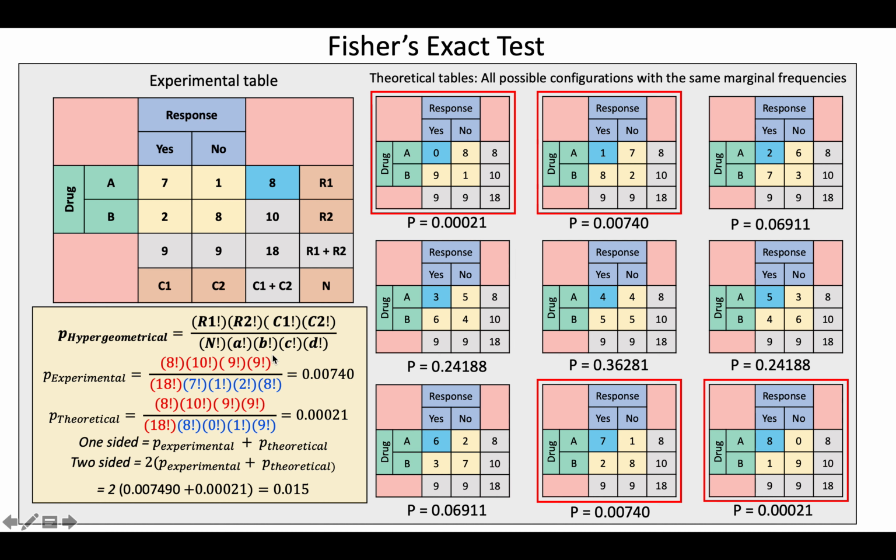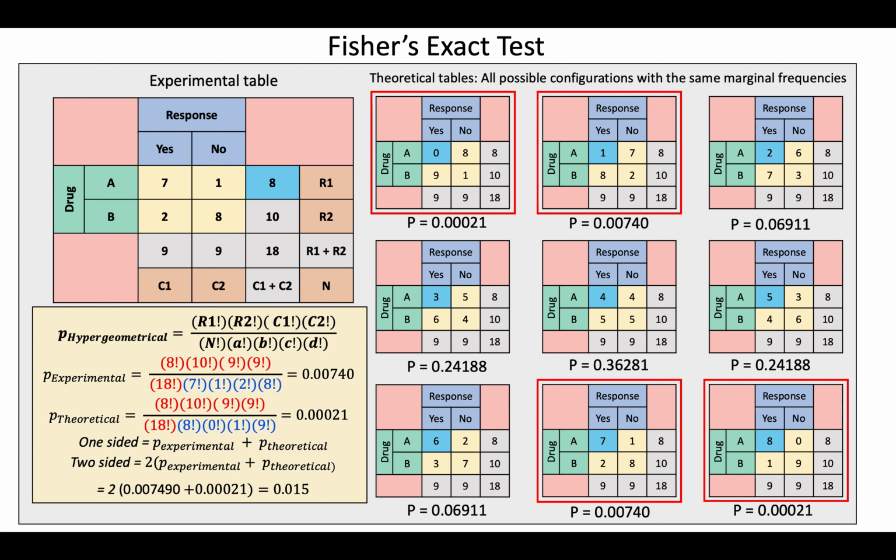So this is what I explained to you a couple of slides before, and I'm using here obviously very small numbers in order to facilitate the calculation, and so you can see here, for example, that the p theoretical is in this case 8, which is here, 10 factorial, which is here, 9 factorial and 9 factorial, and you can see here the denominator as well. So the p-value is going to be exactly this p-value.